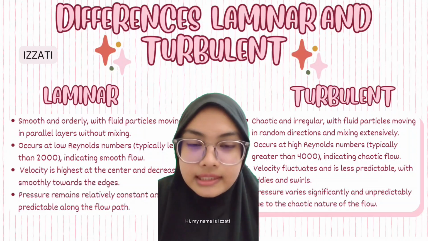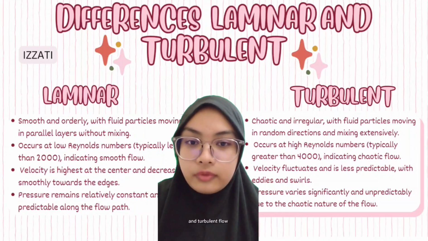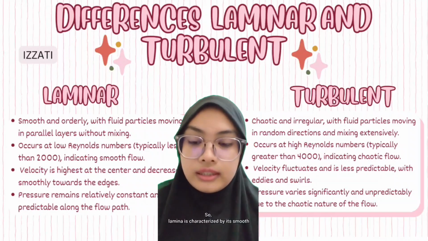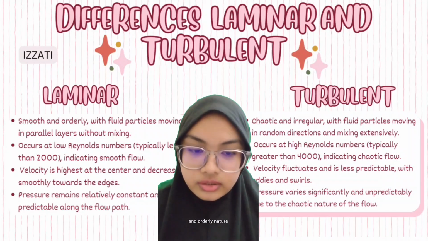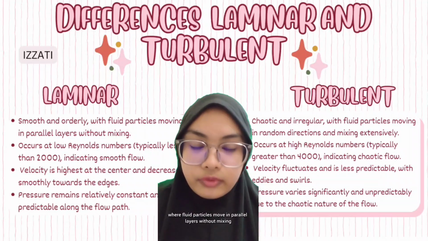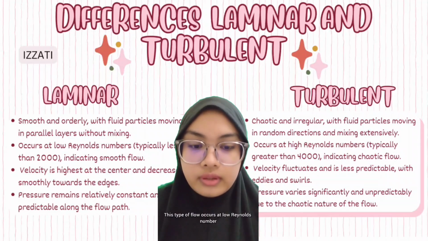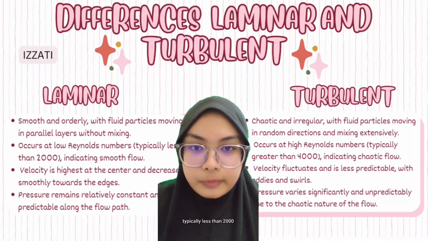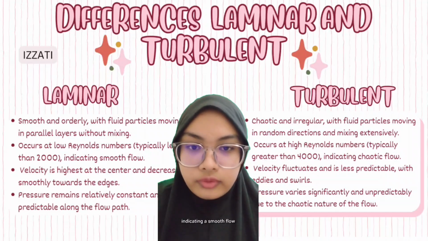Hi, my name is Izzati and I'm going to share about the differences between laminar and turbulent flow. Laminar flow is characterized by its smooth and orderly nature, where fluid particles move in parallel layers without mixing. This type of flow occurs at low Reynolds number, typically less than 2000, indicating a smooth flow.